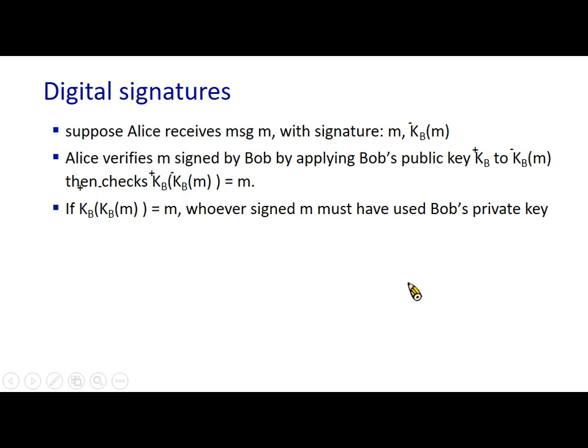Suppose Alice receives the message M with the signature KB(M) from Bob.